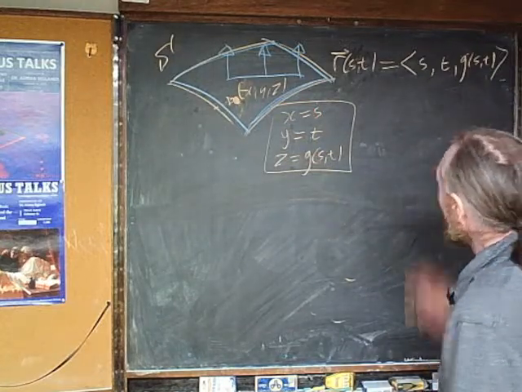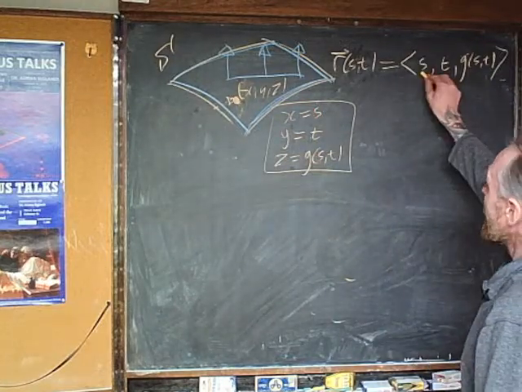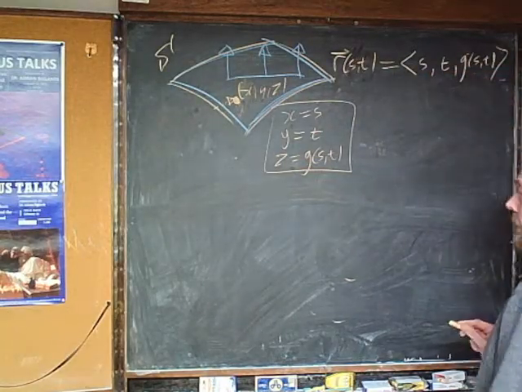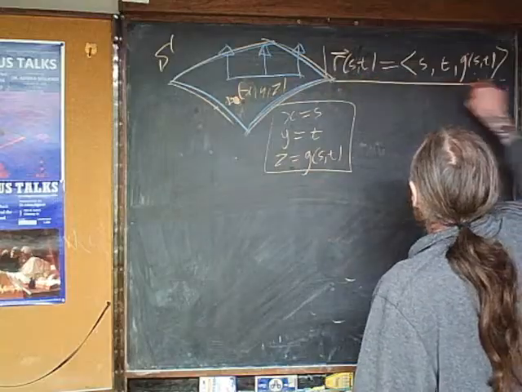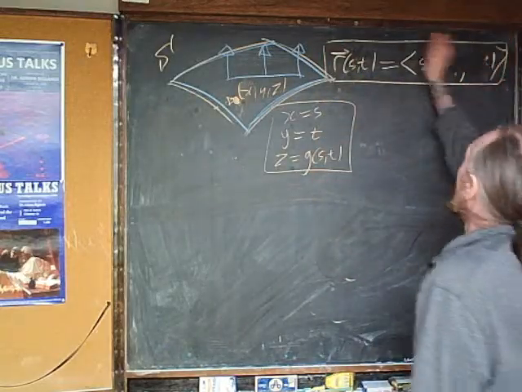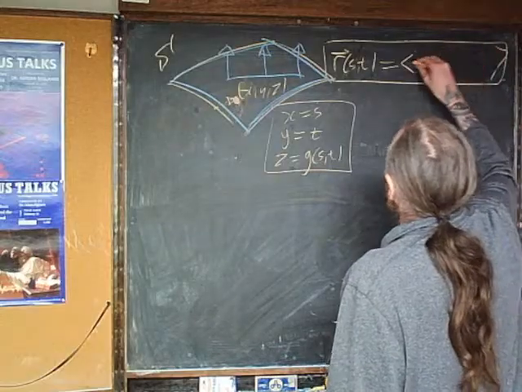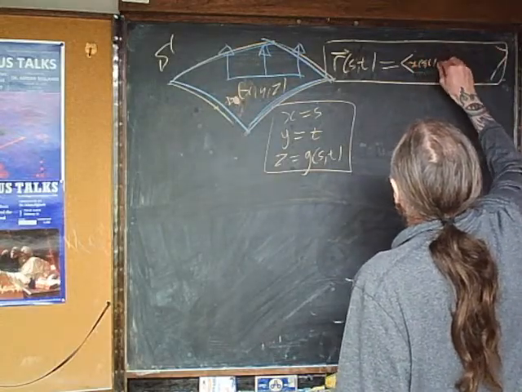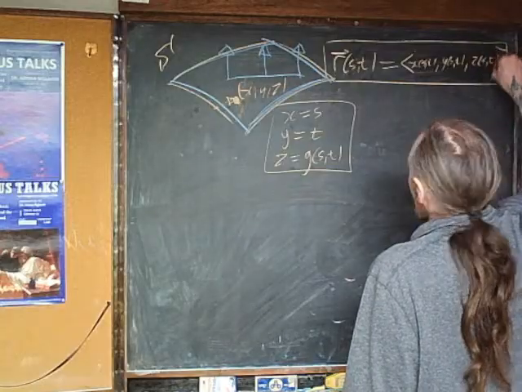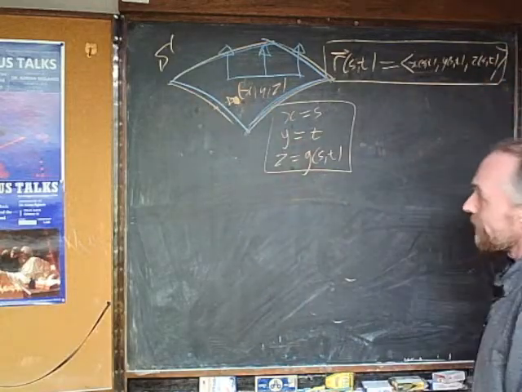Or in general, you're going to have a more complicated one where it's x of s and t, y of s and t, g of s and t, or z of s and t. But this would be if it's actually the surface of the graph of a function. In general, you're going to have x of s,t, y of s,t, z of s,t. So that's the special case of this more general scenario.